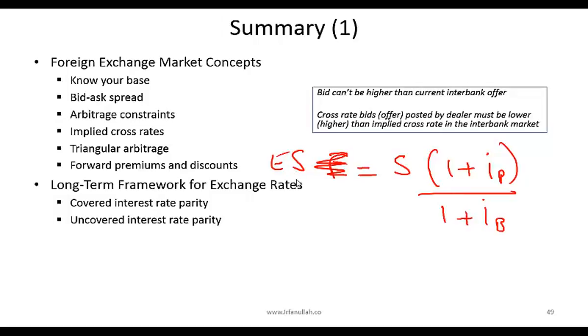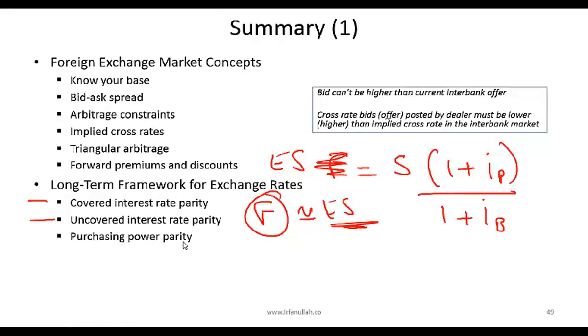All you are doing is predicting the expected spot rate, and what you are also saying is that the forward rate is an unbiased predictor of the expected spot rate. So just remember that the only difference between these two is that with covered interest rate parity we are saying the forward rate is so and so. With uncovered we are saying that the expected spot rate is that same number.